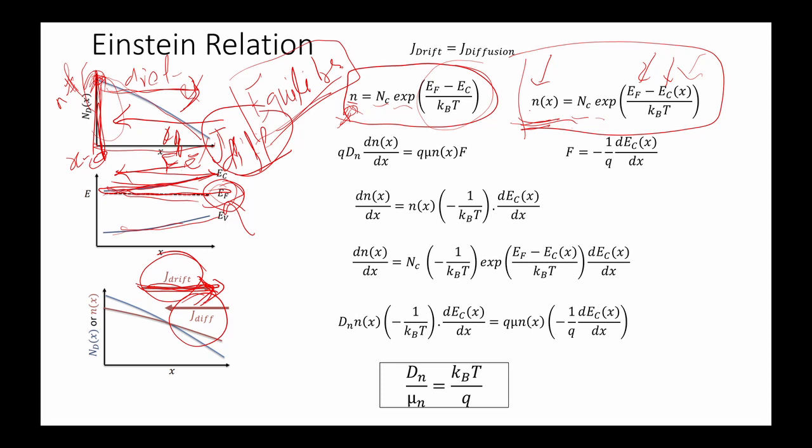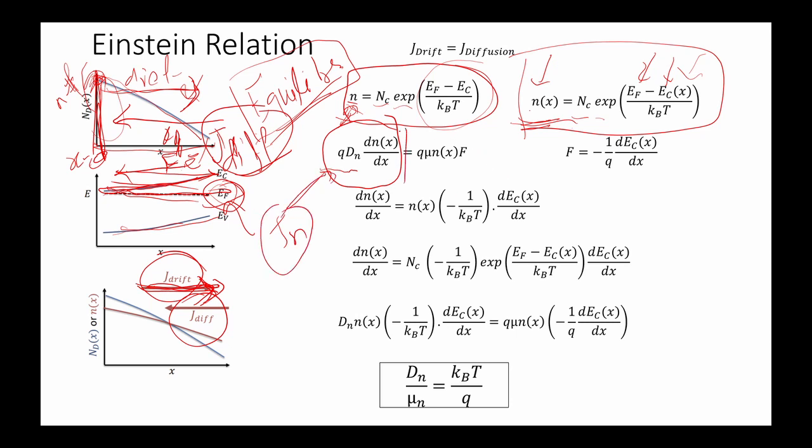As we also know, the diffusion current is equal to q into dn by dx. This is nothing but Jn, the diffusion current.